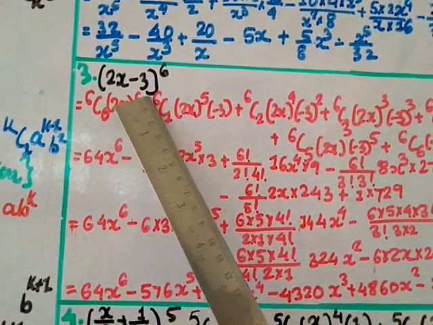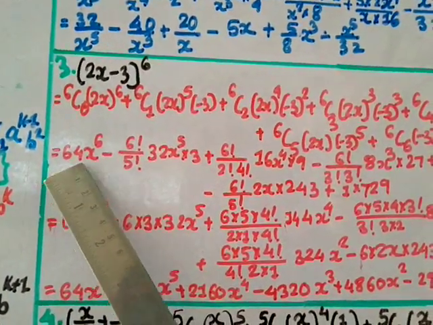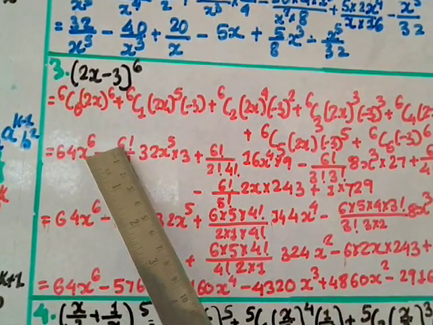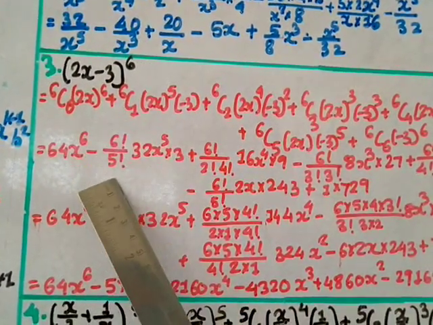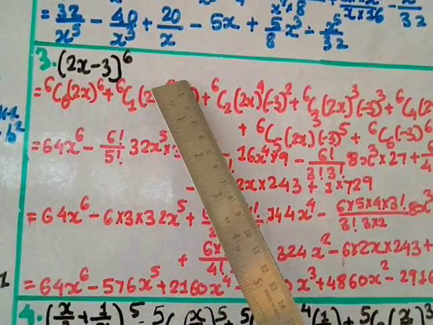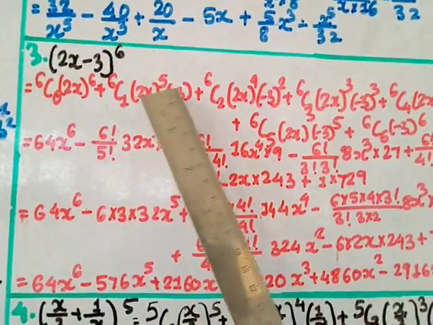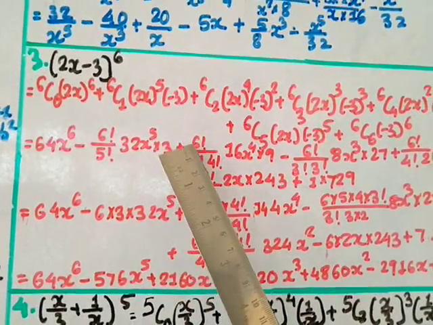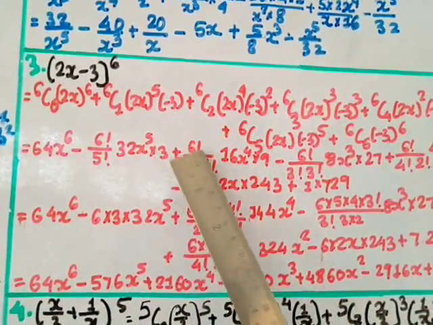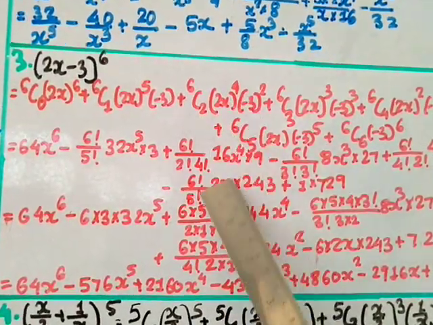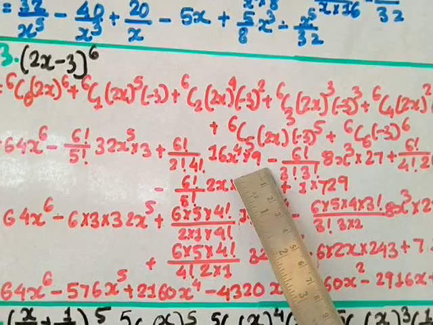So you have to do 2 power 6 and x power 6, which gives you 64 into x power 6, minus this 6c1 I am writing as 6 factorial divided by 6 minus 1, that is 5 factorial. Okay, 2x power 5 is 32 x power 5, and minus this minus will come here, so this is minus and this is 3, plus this can be written as 6 factorial divided by 2 factorial, 6 minus 2, that is 4 factorial. 2 power 4 is 16, x power 4, minus 3 power 2 is plus 9.